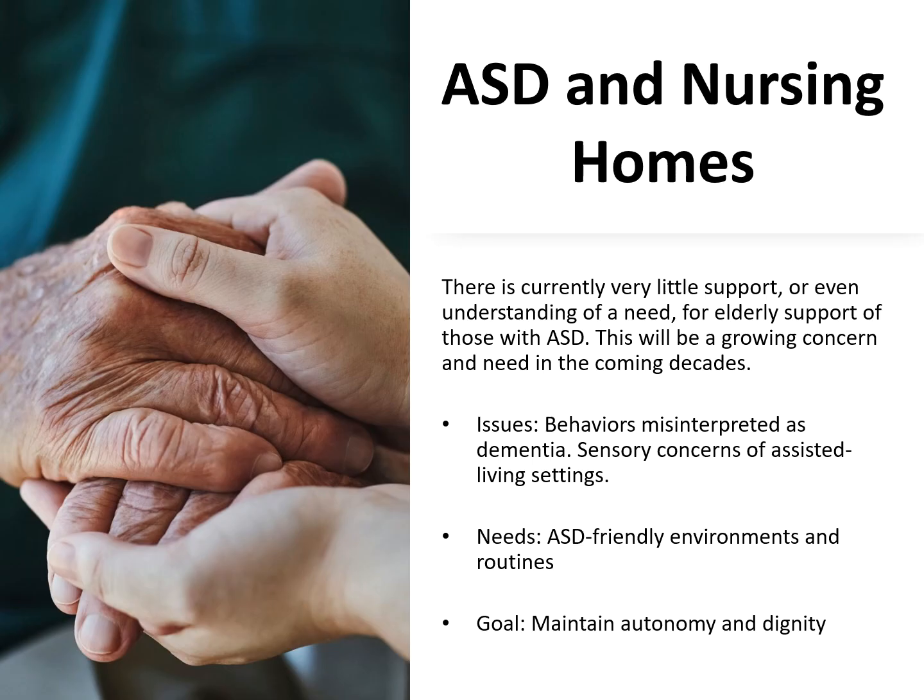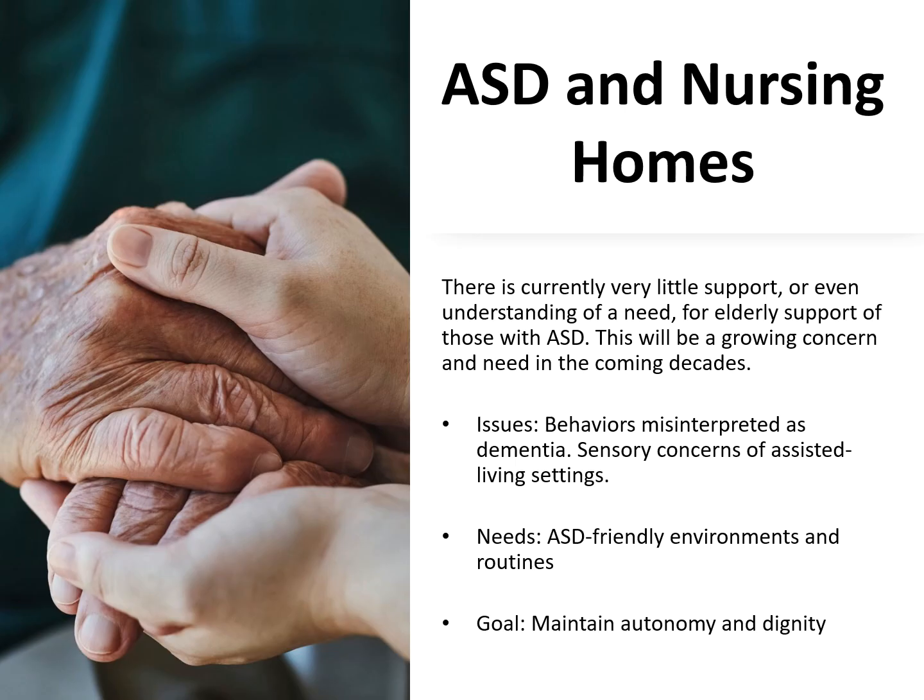One interesting side note here, since we're talking about late adulthood, what about things like nursing homes? There's very little support right now, or even an understanding of the need for elderly support for those that have autism spectrum disorder. And nursing homes kind of present some unique challenges.